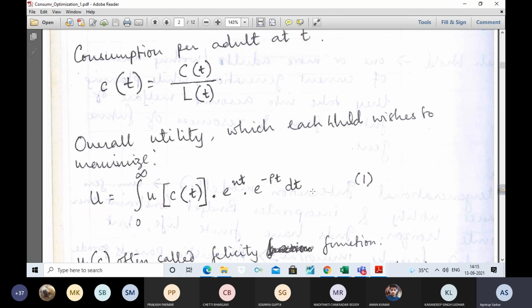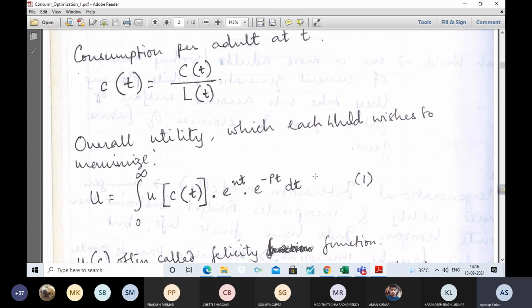Okay, so this equation number 1 basically assumes, only for reasons of tractability, that the discount rate within a person's lifetime is the same as that across generations. This is what is assumed here. I repeat that this equation is based on the fact that the discount rate rho within a person's lifetime is exactly the same as that across generations.